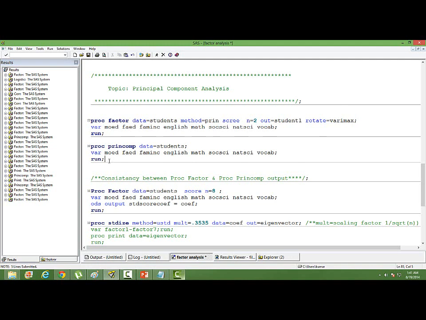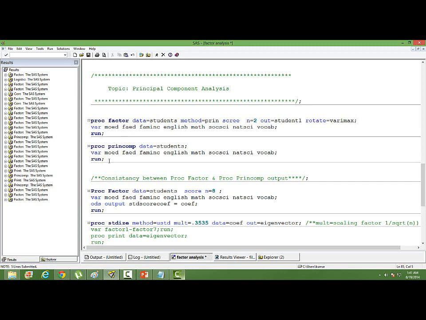Whereas principal component analysis maximizes the variance of the principal components. The variance of a principal component is nothing but its eigenvalue, so it makes sure that the sum of the eigenvalues is maximized. That's the main difference. That's theoretical though.